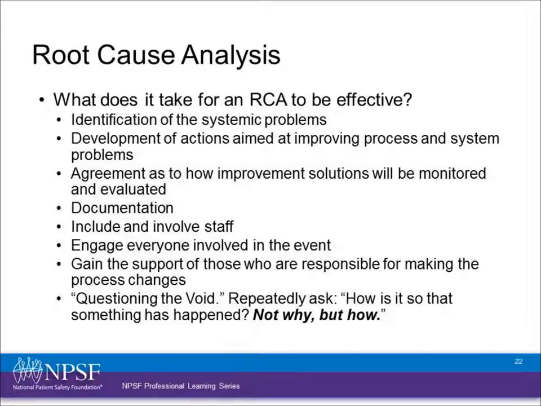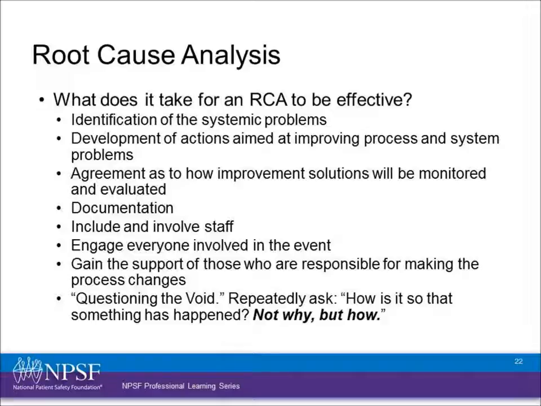Again, I mentioned I think it's really essential to engage everyone involved in the event, even though for some that might be uncomfortable, and certainly when we're talking about patients and family members, there might be a predisposition in the organization to not include them. But vital information is often missed if the people that are in the midst of the event don't have their perspective heard.